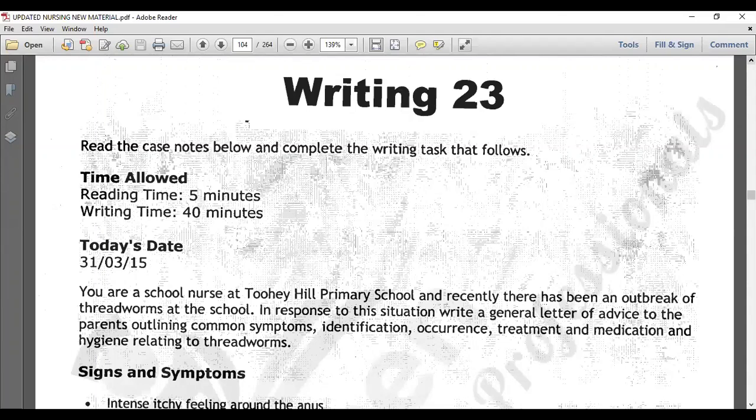So the two most common sentence structures or the two most common types of tenses that you will be using in such letters will be simple present tense. As we discussed earlier, simple present tense is used to describe fact. And here, when you are describing the signs and symptoms, when you are describing the occurrence, you are describing all the facts.